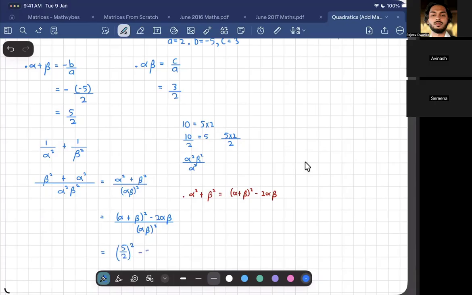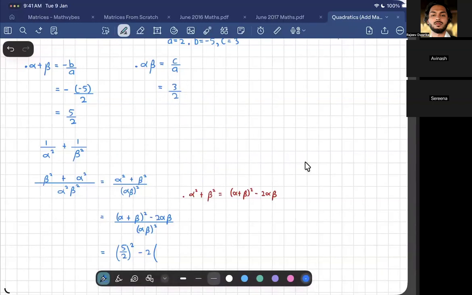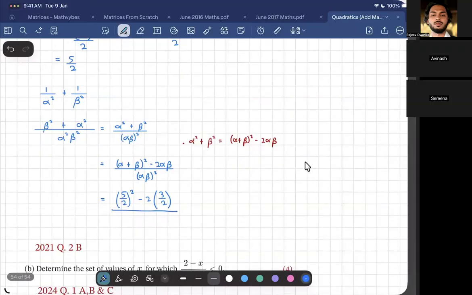Minus 2. What is alpha beta? Alpha beta. That was just the 3 over 2. Yeah, that was just the 3 over 2, all over alpha beta squared.